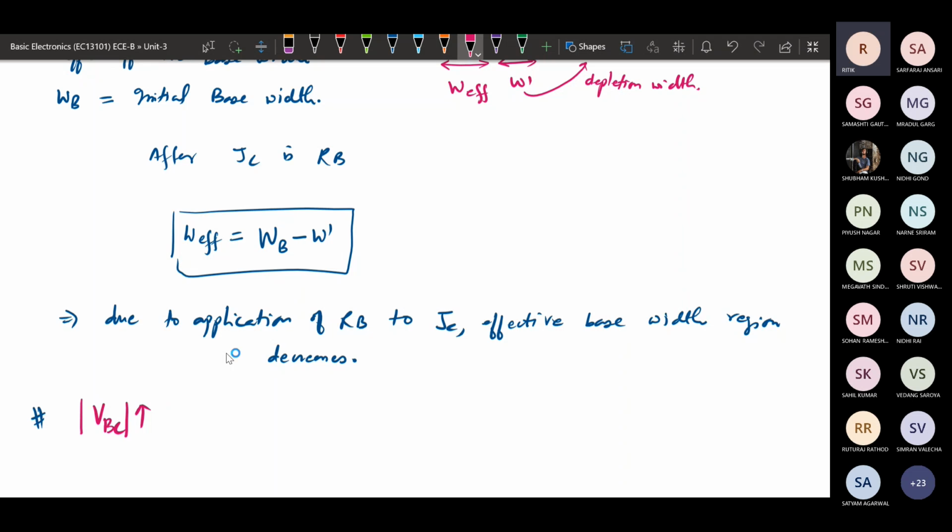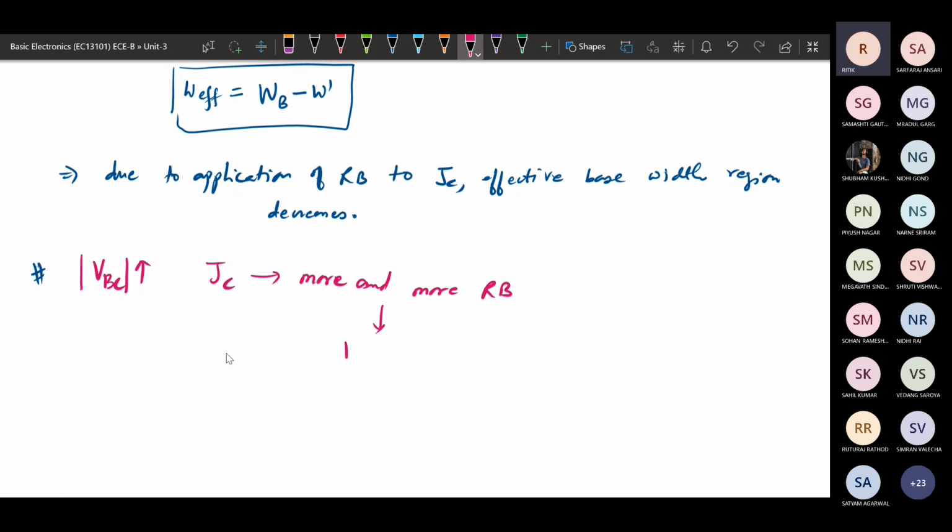If we increase the positive base to collector voltage, then JC will be more and more reverse bias.